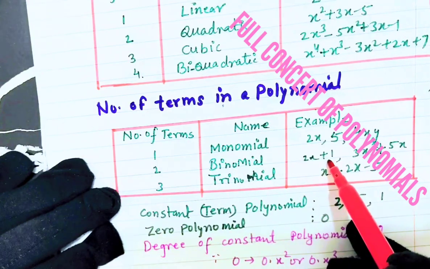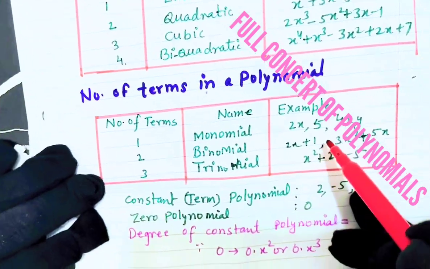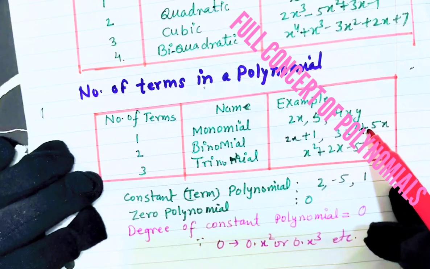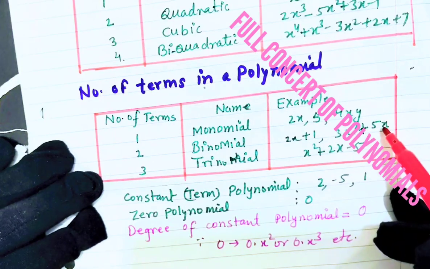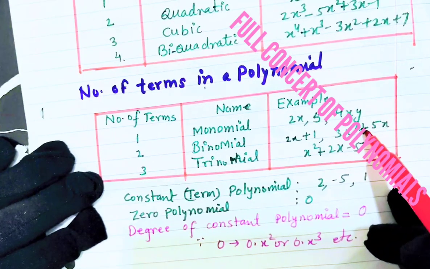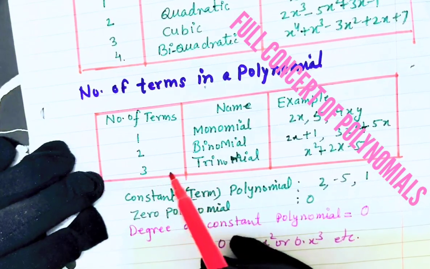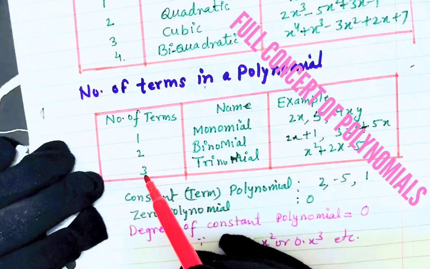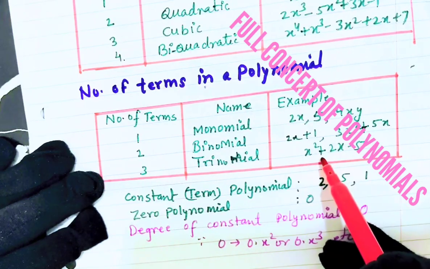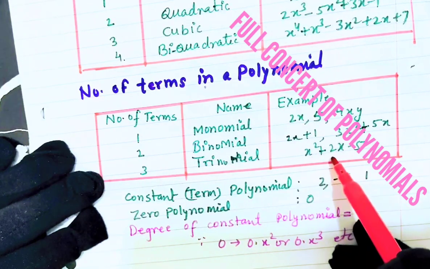For example, 2x plus 1 has two terms. 3x square plus 5x has two terms, 3x square and 5x, combined with the plus sign. Trinomial, as by the name, the number of terms will be 3.